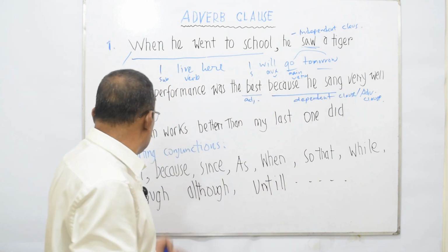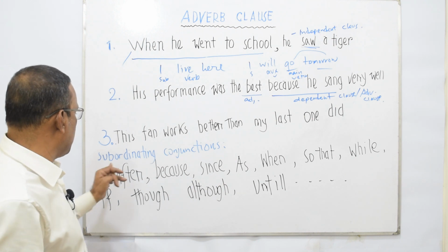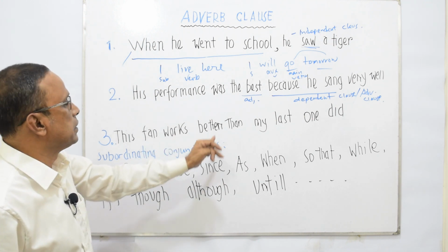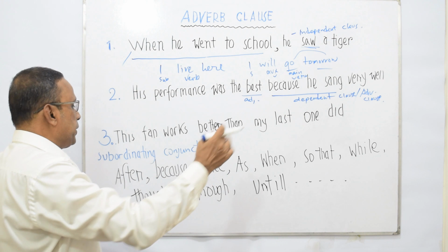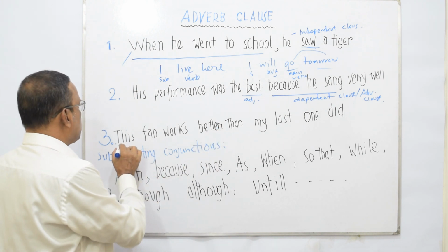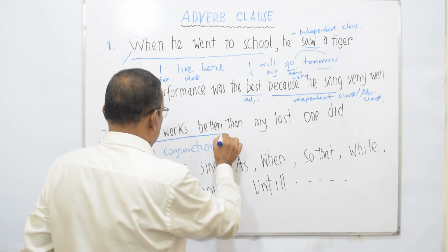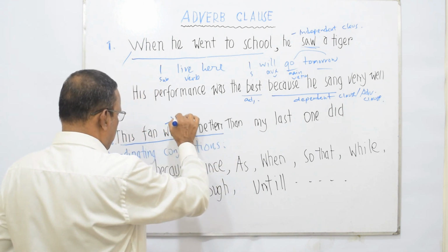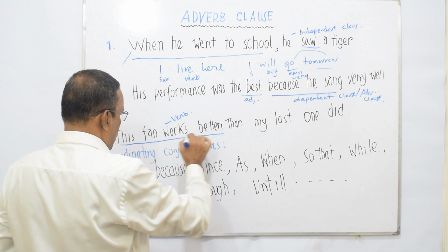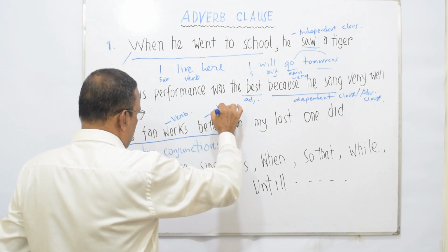So our last sentence is here. This fan works better than my last one did. This is actually the main clause. This fan works better. This is the verb. Better is the adverb here.